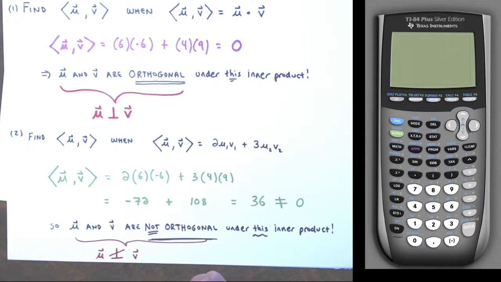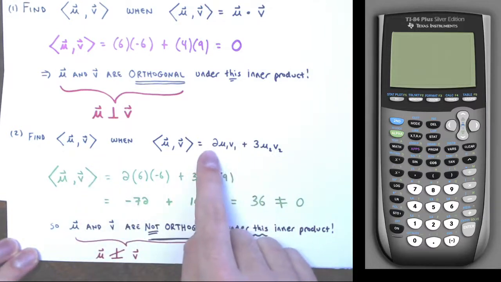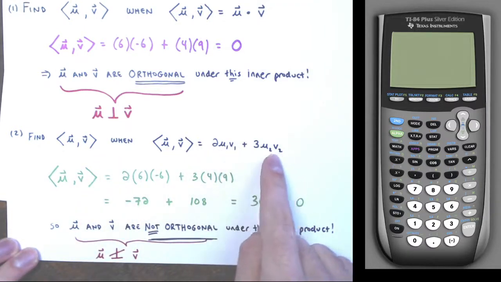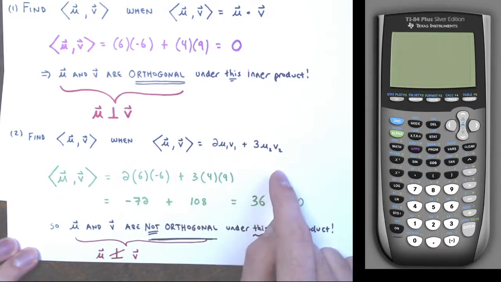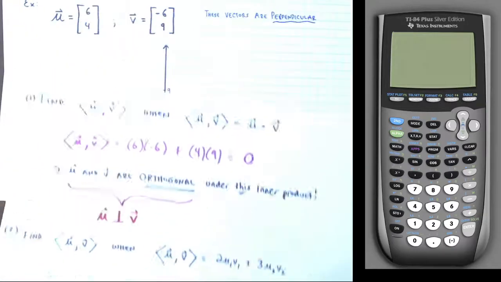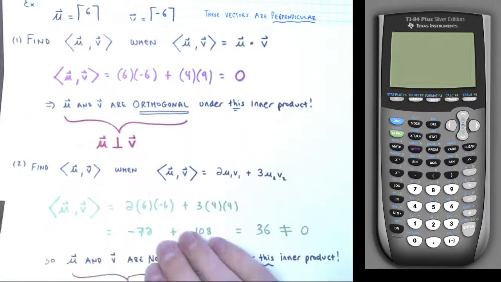So just be aware: the symbol's fine, but just because two vectors are orthogonal under a certain inner product doesn't necessarily mean they're perpendicular by the standard definition. There are vectors where this inner product would be 0 that, when you look at them, are not forming a 90-degree angle.